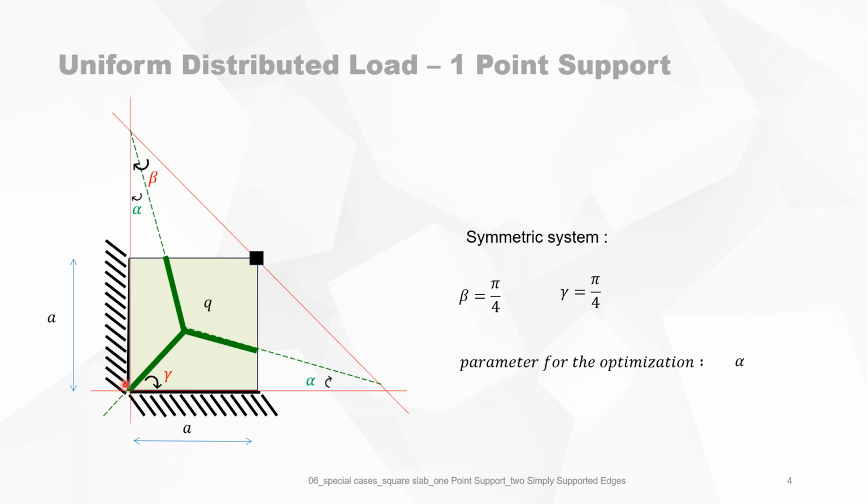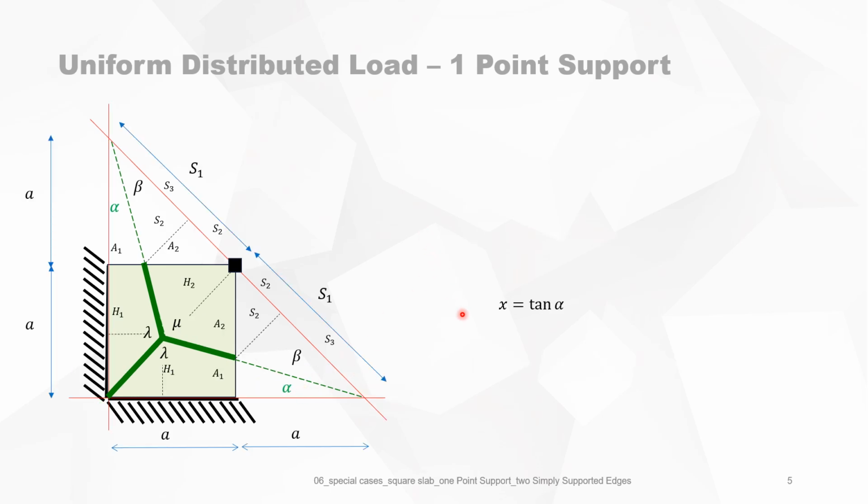The parameter for optimization is, of course, alpha. To achieve that, we take the tangent of alpha and call it x. So the optimization parameter now is x, which is the tangent of this angle.